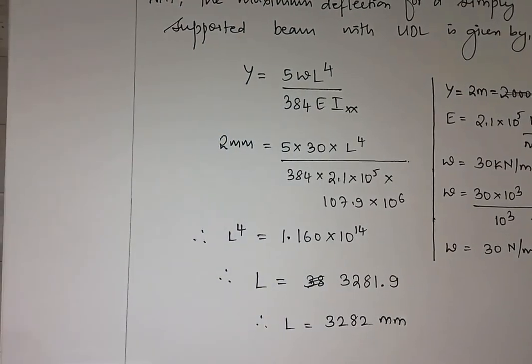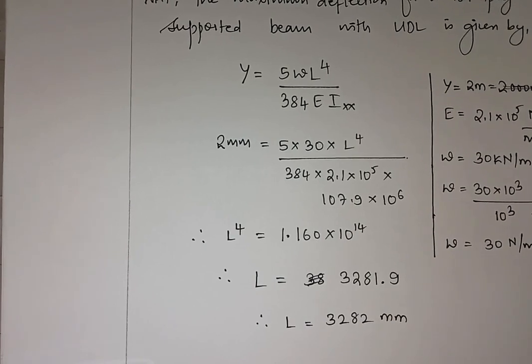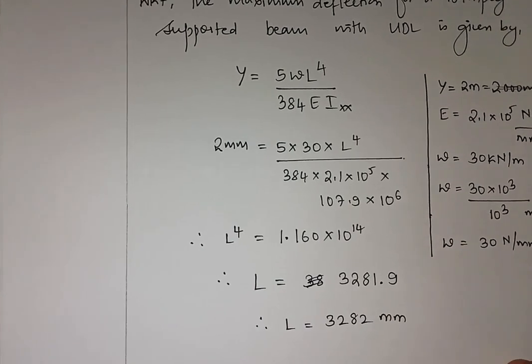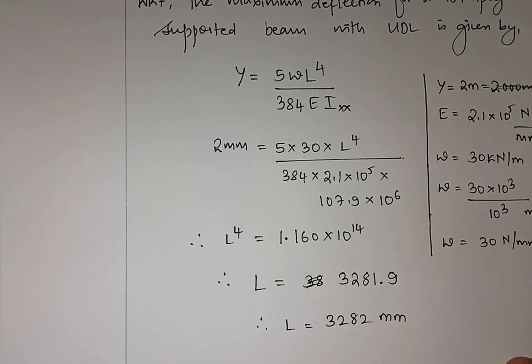3282 mm. Right. Fine. Now once you find out the L, the logic says the length of the beam and length of the column are same. So length of the column is also 3282.